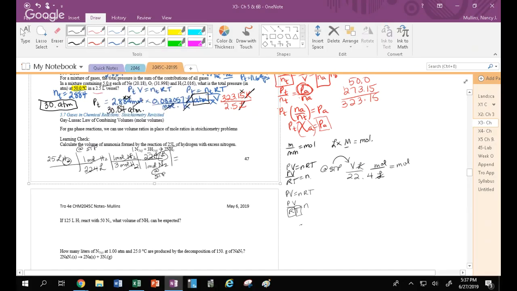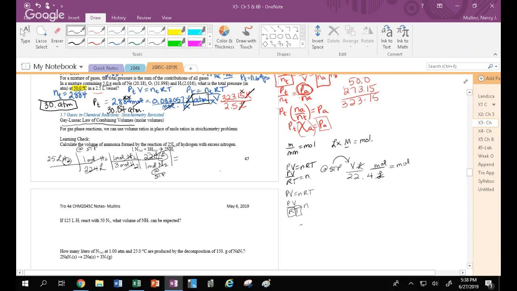So instead of reading this as 1 mole reacts with 3 moles, I could say 1 liter reacts with 3 liters. If they're both gases, any gas occupies the same volume if it's the same amount of stuff. That's what Avogadro's law said. So when we use it in this form, it's called Gay-Lussac's law of combining volumes, that says that you don't always have to go to molar mass.